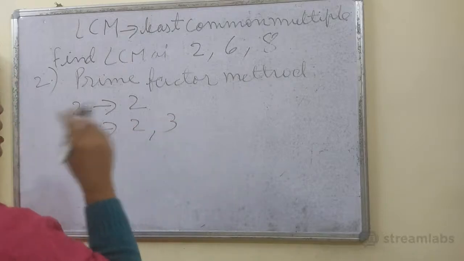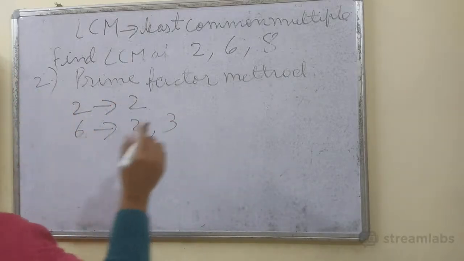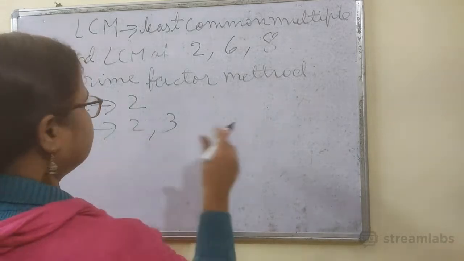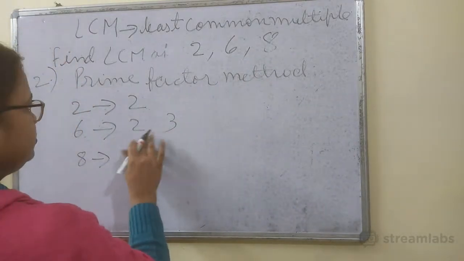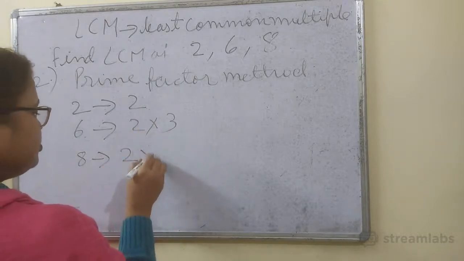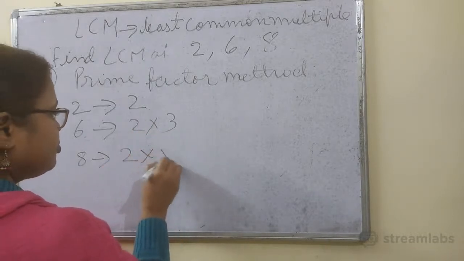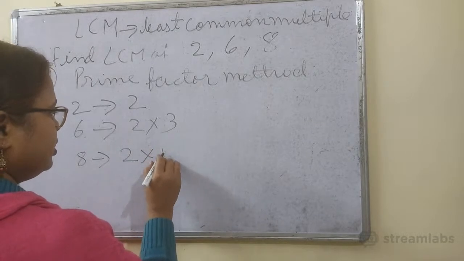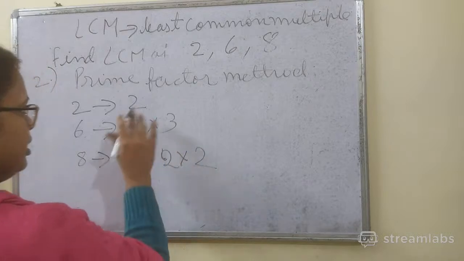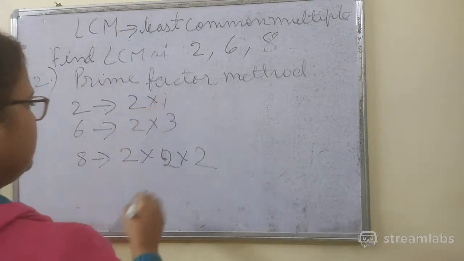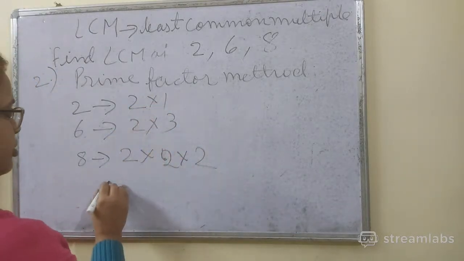Clear? And prime factors of 8 will be 2 2s are 4, so here you will write 2 and then 2, because 2 2s are 4, 4 2s are 8. Clear? So now 2 numbers are here, 2 and 3.